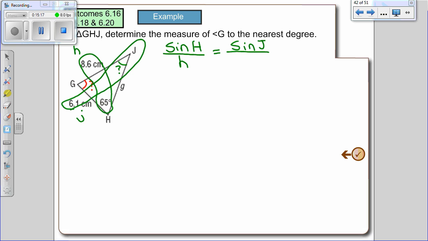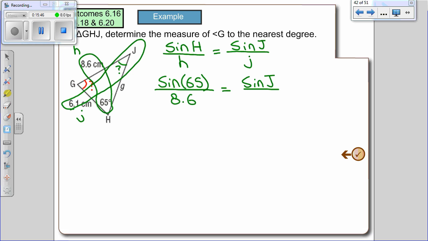We're just writing little j. That's my formula. If I fill in my formula, I have sine of 65 divided by little h, which is 8.6, equals sine of j, which we don't know what that is, divided by little j, which we know is 6.1.